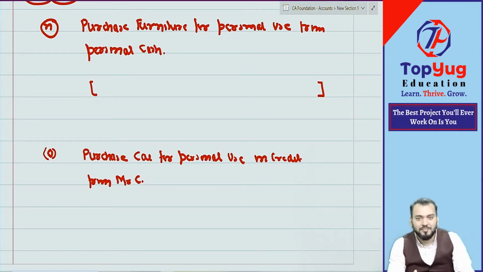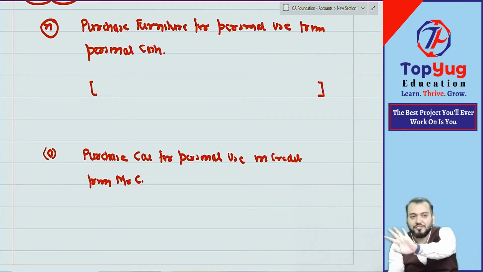It is not affecting the financial position of the business. Correct. 100% correct. 1, 2, 3, 4, 5, 6. Six chocolates I need to give.